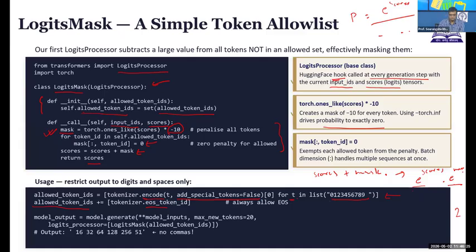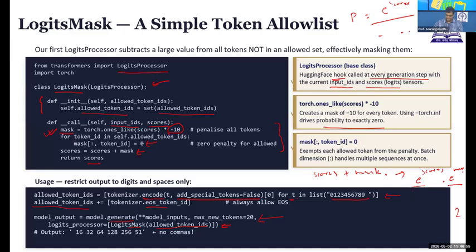Now when you are processing the generate call, you set up the hook. How do you set up the hook? You say logits processor is equal to logits mask with the allowed token IDs. So it creates this logits mask object with the calculated allowed token IDs.